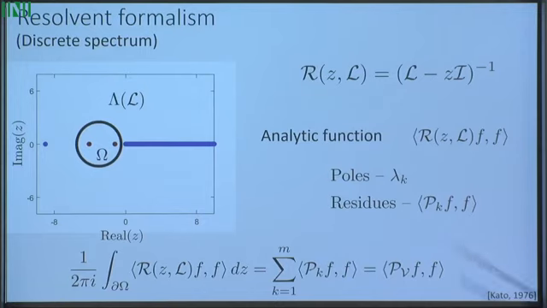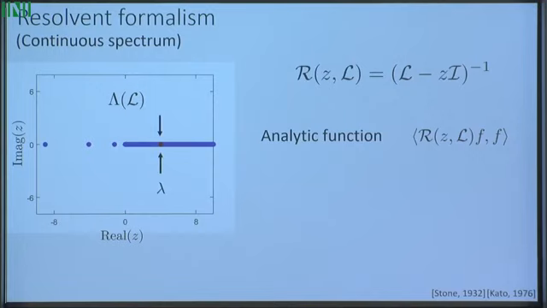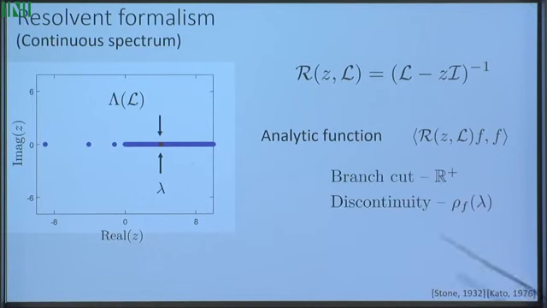Okay, so this is getting at the poles of this function, but to think about continuous spectrum, we need to take more general types of singularities into account. So a common situation is that we have a strip of continuous spectrum on the positive real axis, which corresponds to a branch cut in this scalar function.